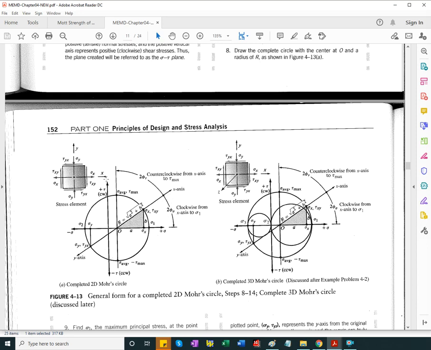If I rotate the original element counterclockwise half of this full angle, labeled 2 phi tau, I get the maximum shear stress element.